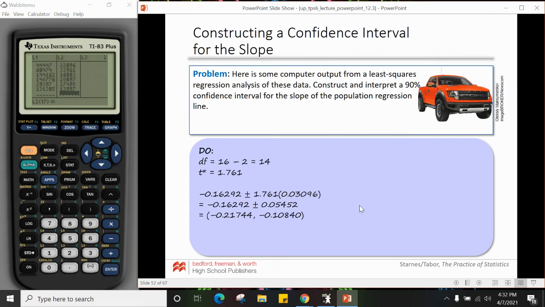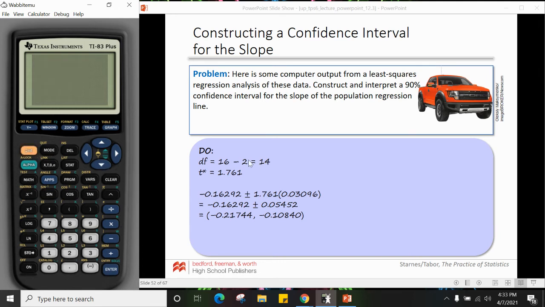In the do phase, you need to state your degrees of freedom. So 16 minus 2, because it's two variables. Find our t star. We're doing a 90% confidence interval, so you can do calc, second distribution, inverse. Oh, I don't have inverse t on here, so I'd have to use the table.